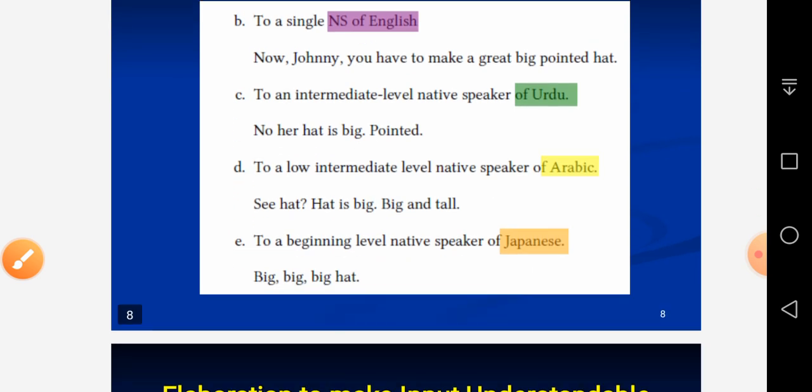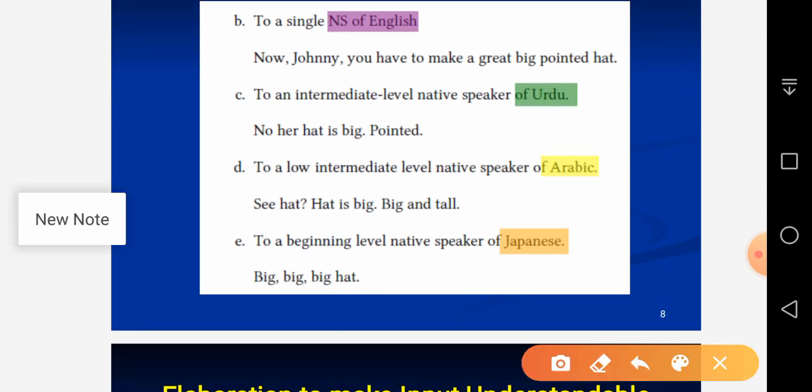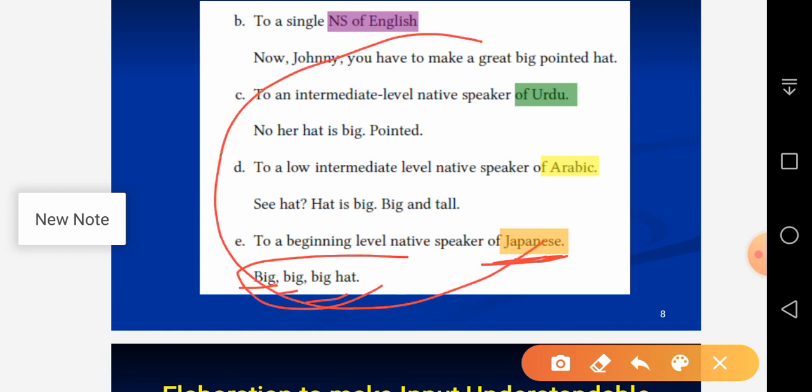Here again is modification for the Japanese learner. The teacher says to the Japanese learner, "Big, big hat." So what is happening? There is an interaction between a native speaker and competent language user, and others who are learners. And the language is being modified and simplified for each learner.